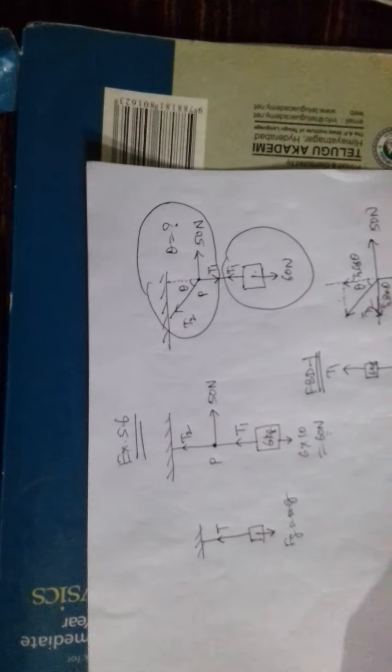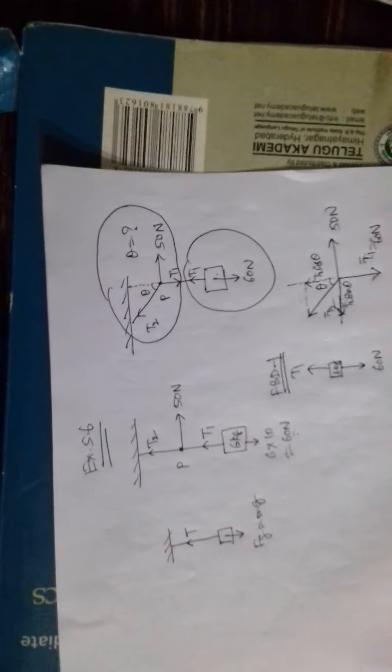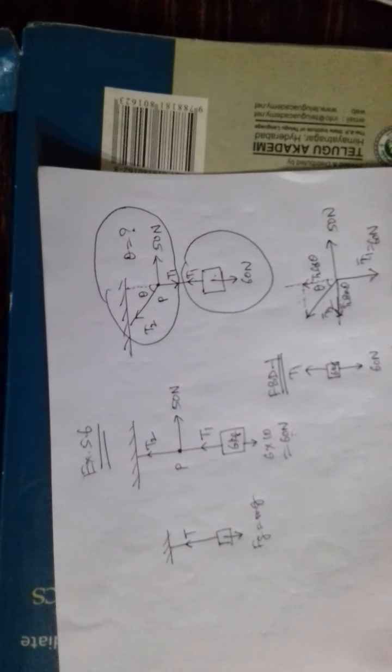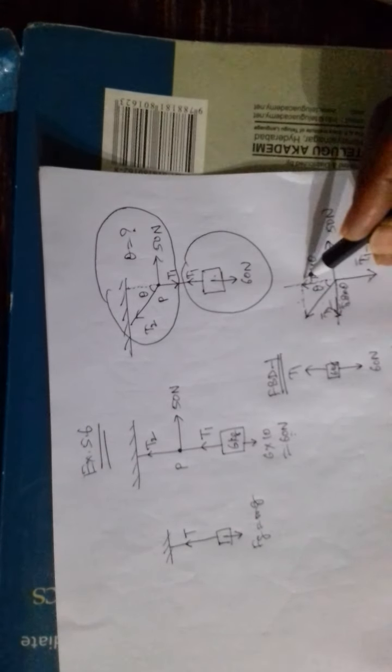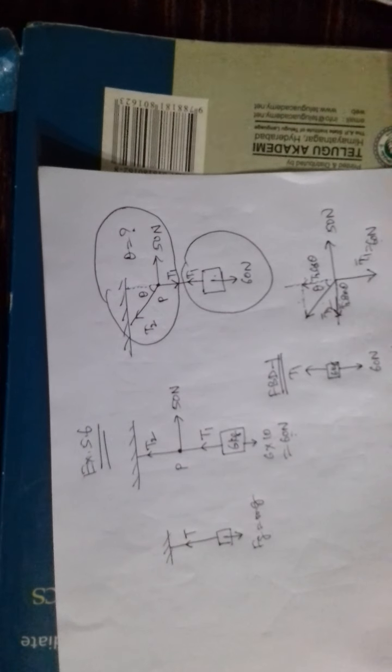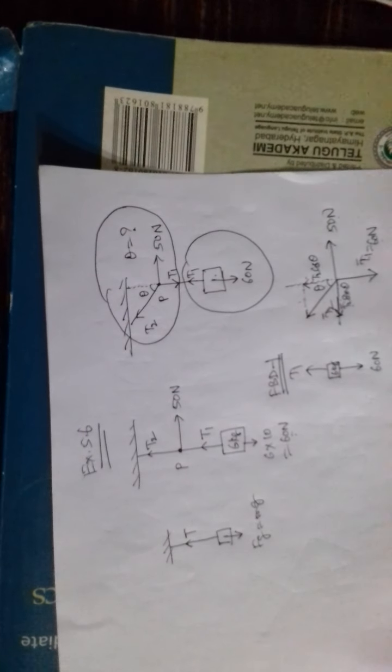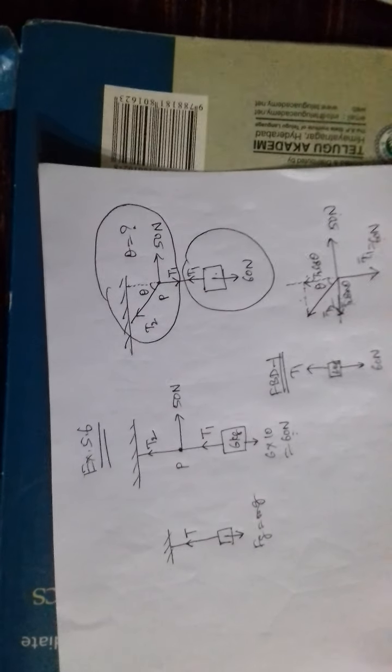Now T2 cos theta is equal to 60 newtons. And T2 sin theta is equal to 50 newtons. First equation divided by second equation.